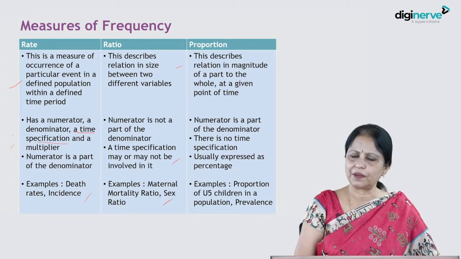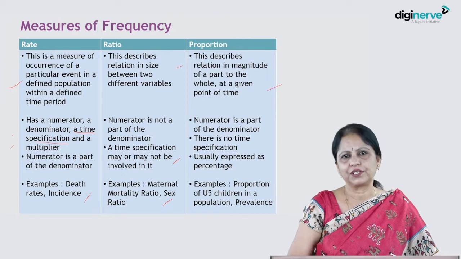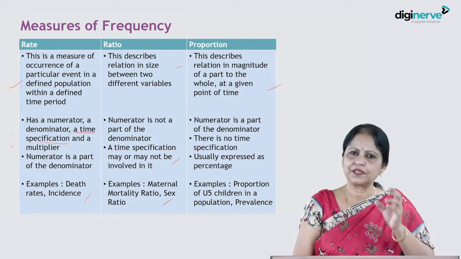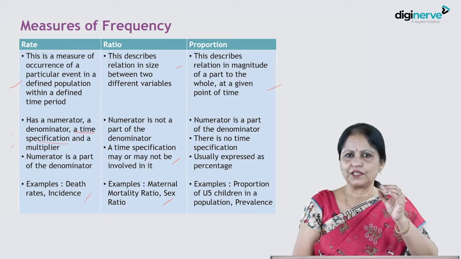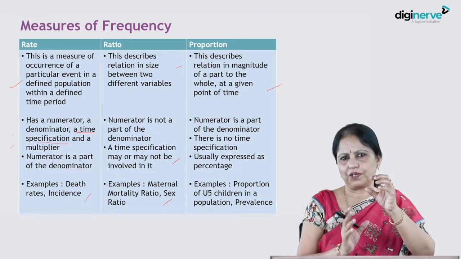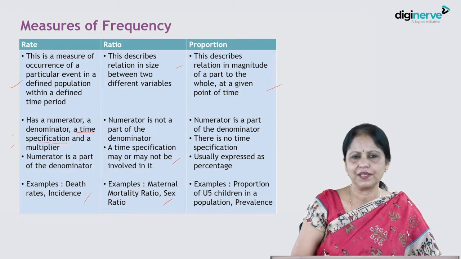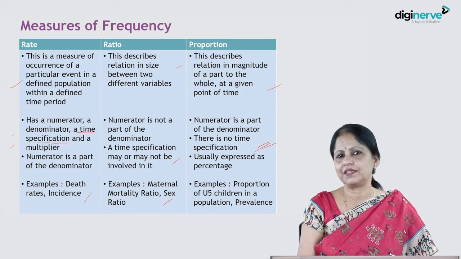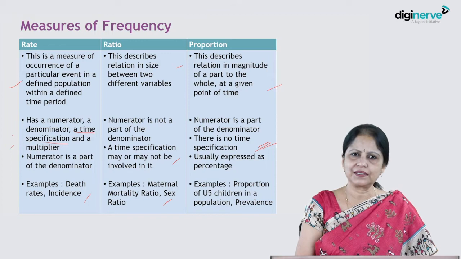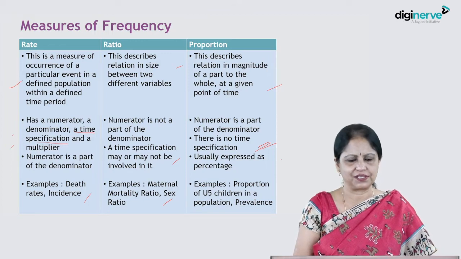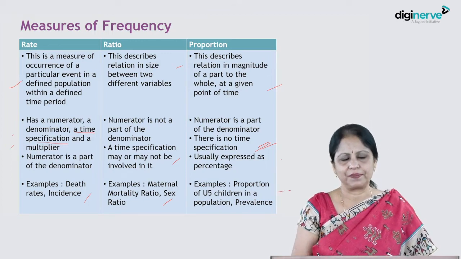These are common examples. Proportion again describes the relation in size or magnitude of a part to the whole population. The numerator is a part of the denominator like a rate, but this does not have any time specification, and it is usually expressed as a percentage. These are some examples.